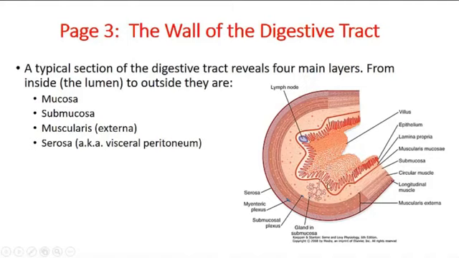Submucosa, muscularis and serosa. Serosa is the outermost layer, muscularis is right after that, submucosa is right after that, and finally mucosa, which is the innermost layer, which will be in contact with the lumen.